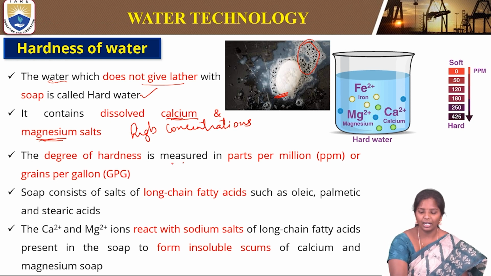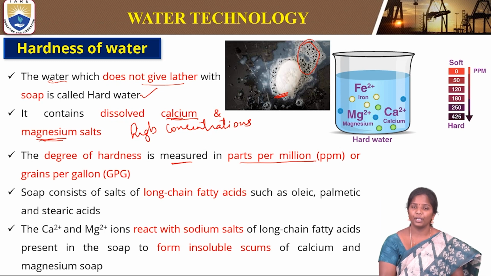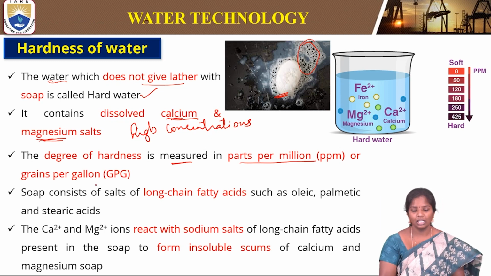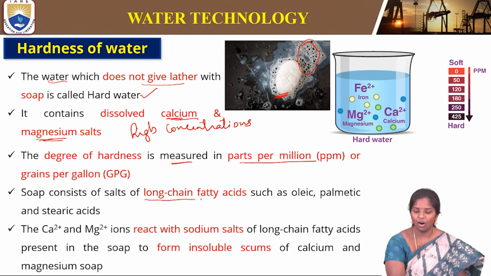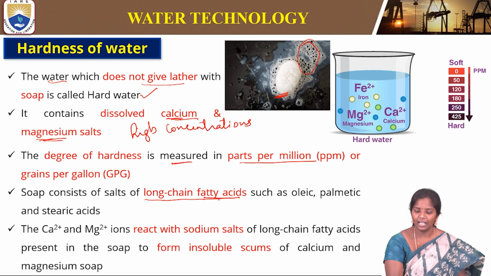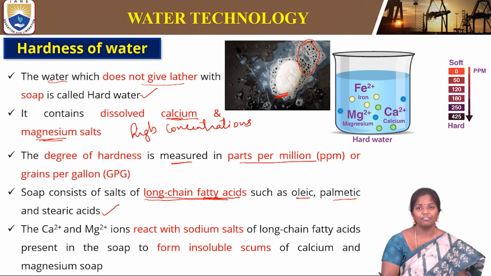So the degree of hardness is generally measured in parts per million, also called ppm in abbreviated form, then grains per gallon. So these are some of the expressions we use for the degree of hardness. Then soap consists of long chain fatty acids. Soaps are generally made of fatty acids such as oleic, palmitic and stearic acids.